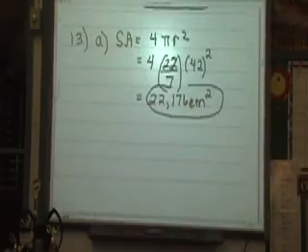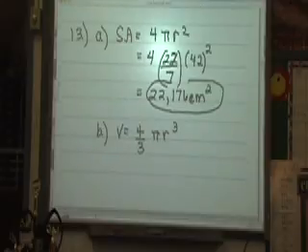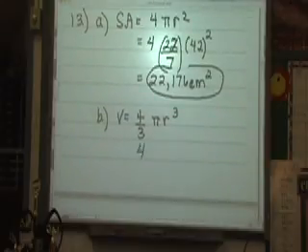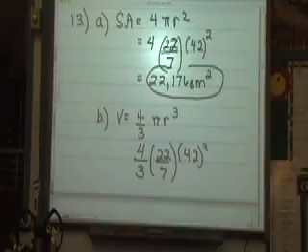And B, volume, Thomas, formula? Volume equals 4/3 pi r cubed. And then it'd be 4/3 times 22/7 times 42 cubed. Right.